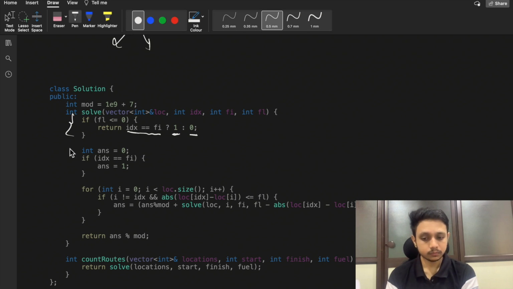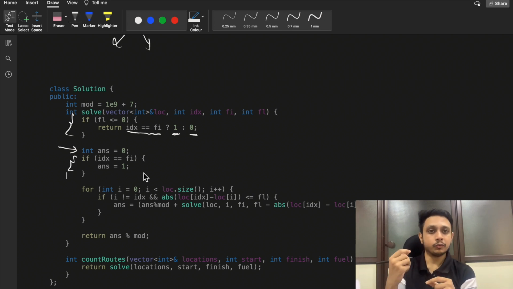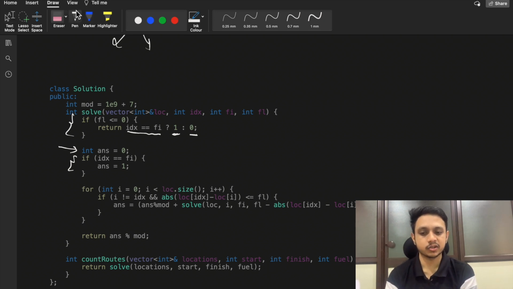Now we declared one answer variable initially. Now this is a very important condition, because let's say we have reached up till this city fin, that is the finish location, but we have still enough fuel to move to other cities. Okay, in that condition we won't stop and will try to look for different cities.